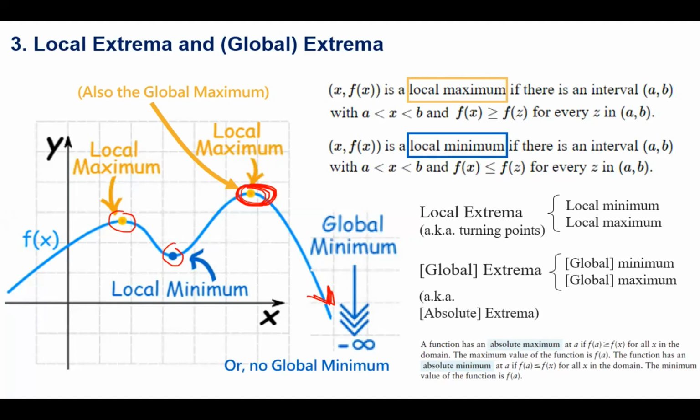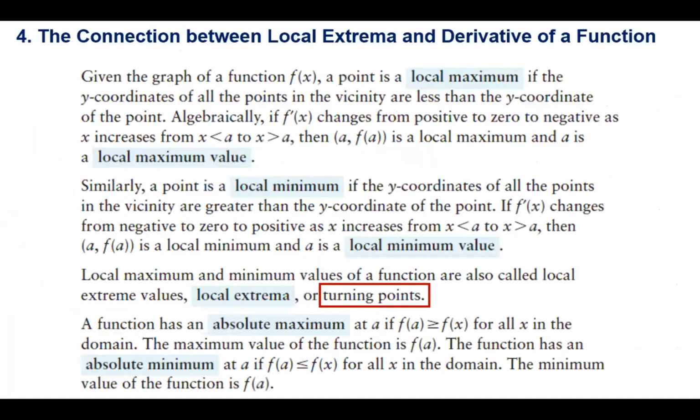Okay, no? All right, let's see the next concept. The connection between local extrema and the derivative of a function. Actually, we can check if a point is a local extrema by checking its first derivative. Okay, so let's have a look at the concept behind this.